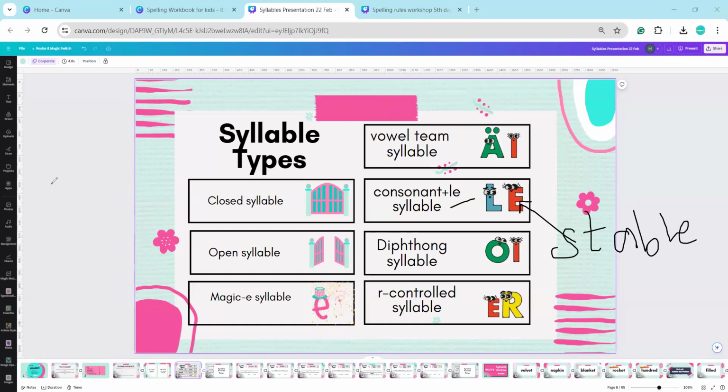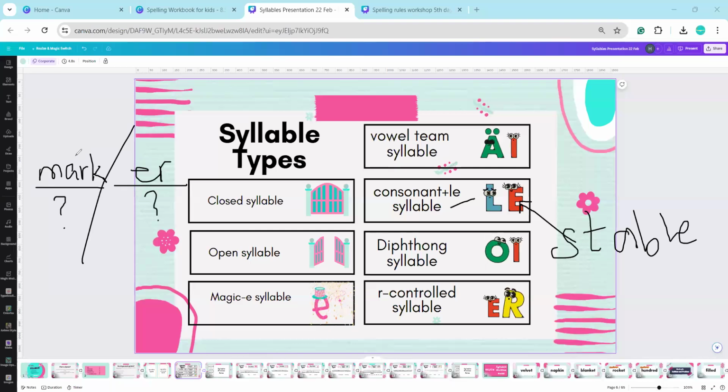What does it mean? If you have a word, for example, marker, in this word we are breaking this word into two from here. And can you tell me the name of this syllable and name of this syllable? You can't say it, but you can write it.